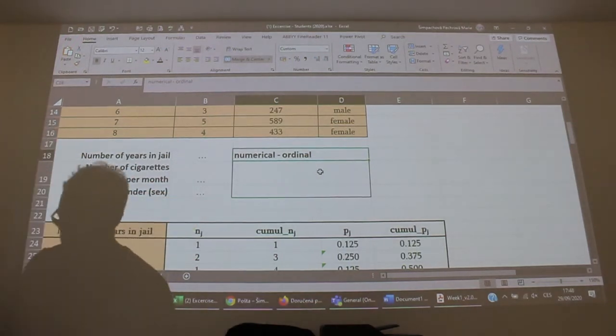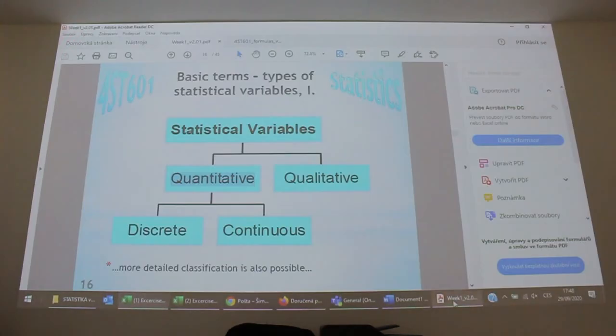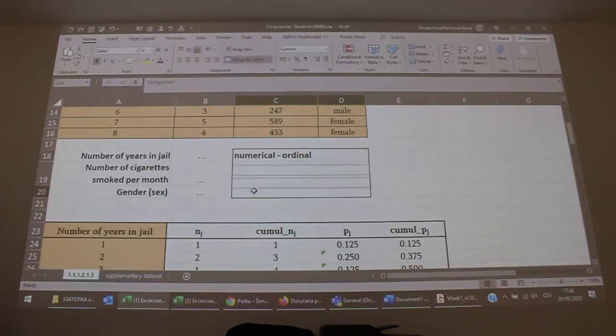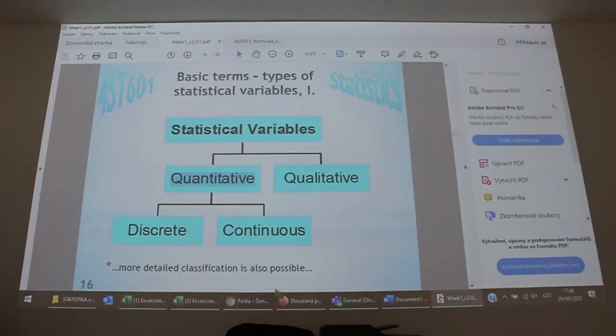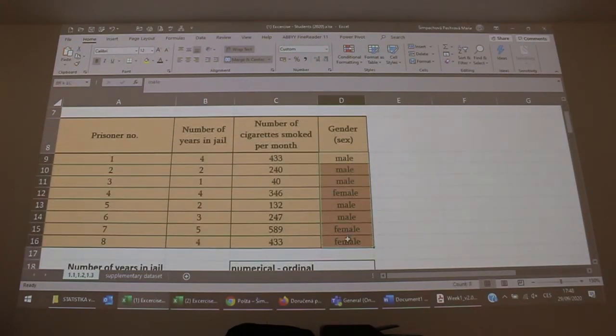Gender, we classified gender like a qualitative variable, and it can also be called categorical. It's qualitative and also categorical because you have only two categories, only two categories here.